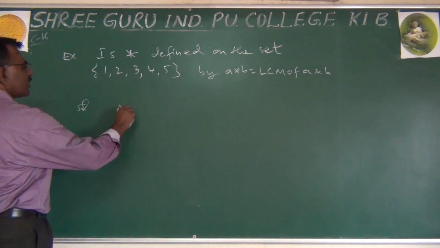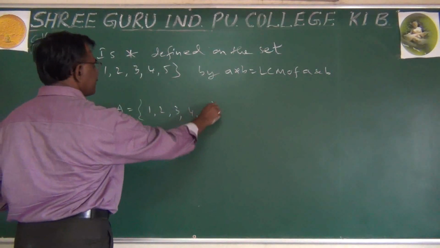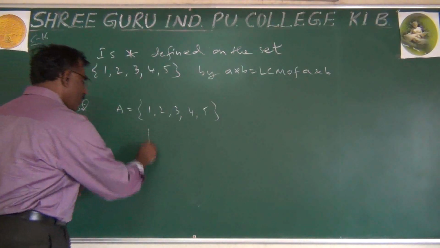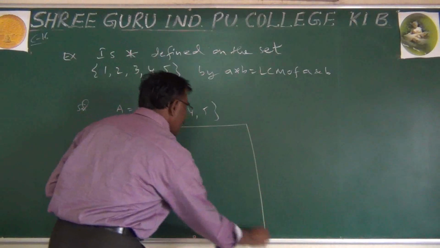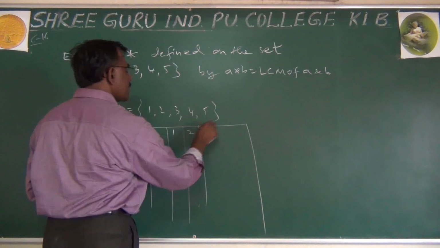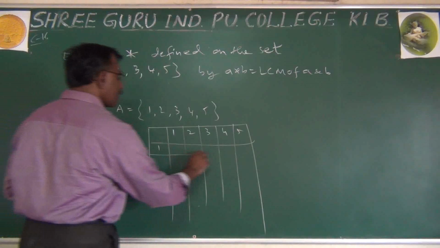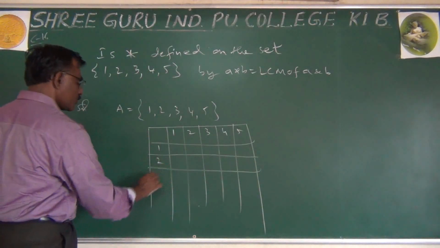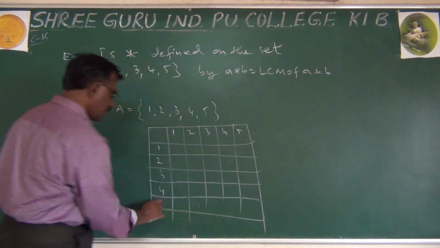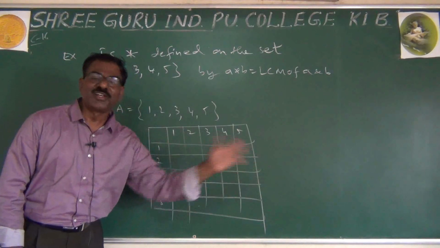Take what is given. I am taking this set {1, 2, 3, 4, 5}. Be careful and concentrate here. Write 1, 2, 3, 4, 5 along the row as well as the column. That is called the operation table.